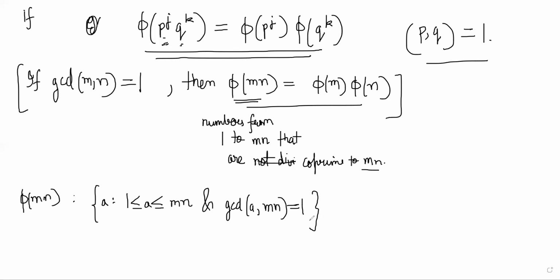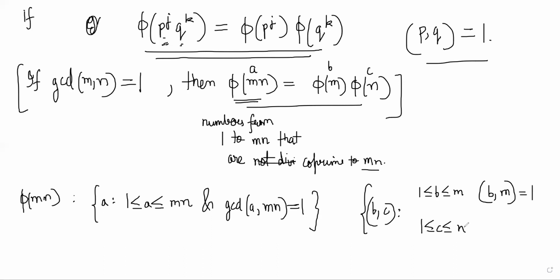The second set, if this is called A and this is called B and this is called C, is pairs of numbers B, C such that 1 is less than or equal to B is less than or equal to M and the GCD of B and M is 1, and 1 is less than or equal to C is less than or equal to N and the GCD of C and N is 1.